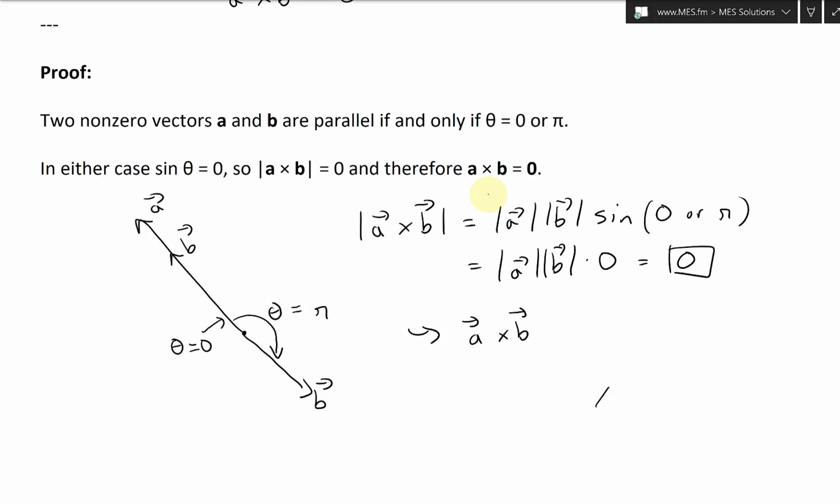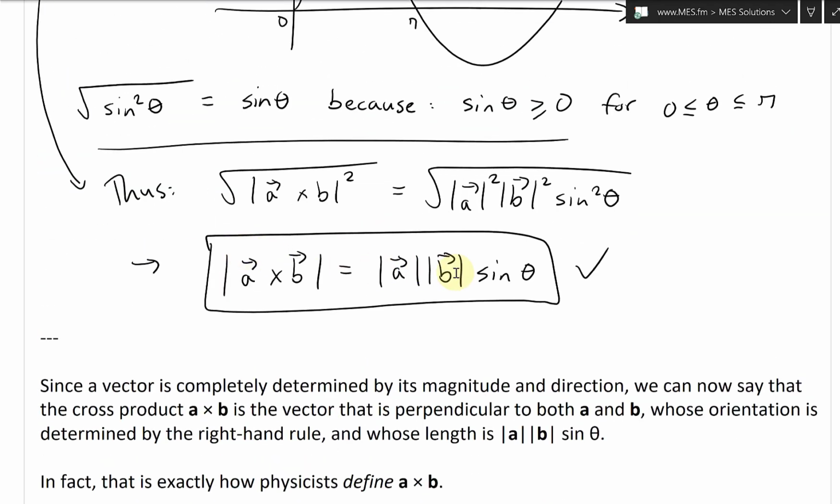You can't have it pointing out somewhere and the length equals 0. 0 means not pointing anywhere. This equals the 0 vector. So yes, that's a corollary from this theorem here.